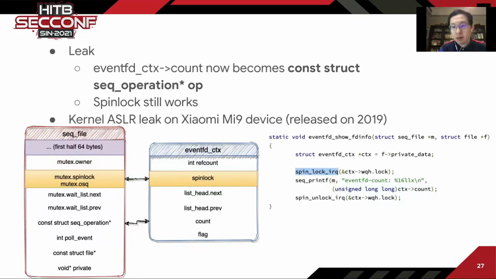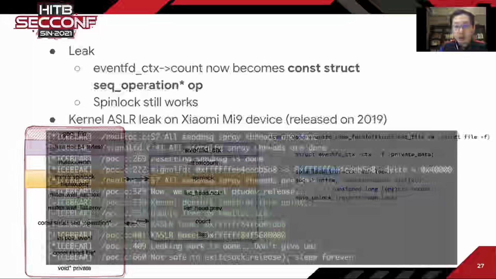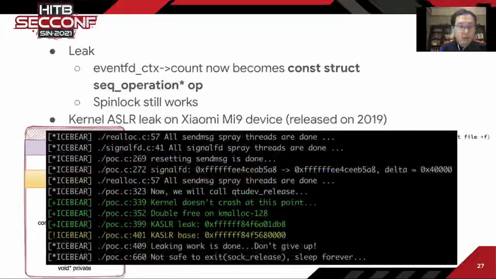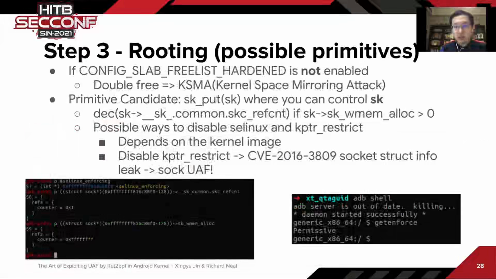If the slab free list is not hardened, you may build the double free primitive to do a kernel space mirror attack. Unfortunately, the mitigation is enabled on the Midnight device, so abusing the double free primitive directly is not very possible for me. There are also other candidates, such as using the socket put, where you may control the socket structure.